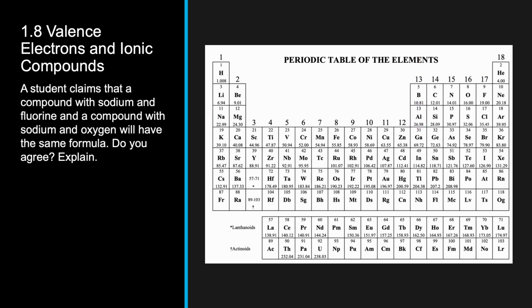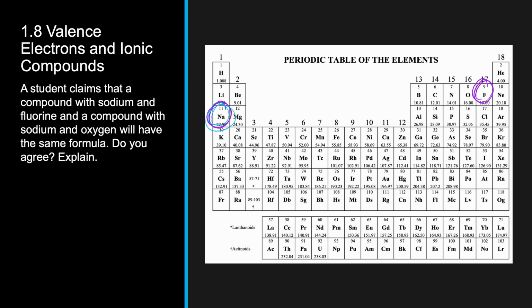A student claims that a compound with sodium and fluorine and a compound with sodium and oxygen will have the same formula. Do you agree? Well, let's look at these two options. First we have sodium and fluorine, and then we have sodium and oxygen.